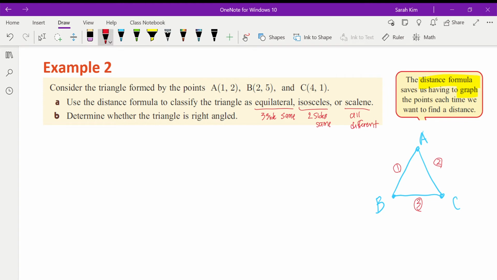Step 1, what do we always do? Label. Alright, we're going to label these. I'm going to choose this one first, length 1, and that's my length AB.